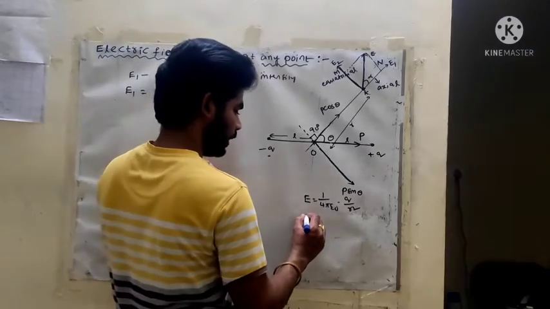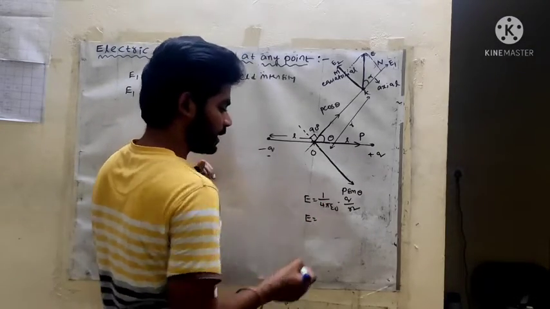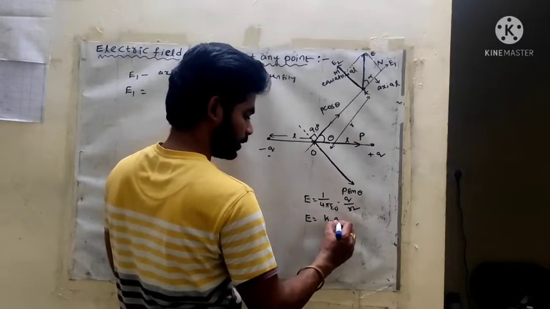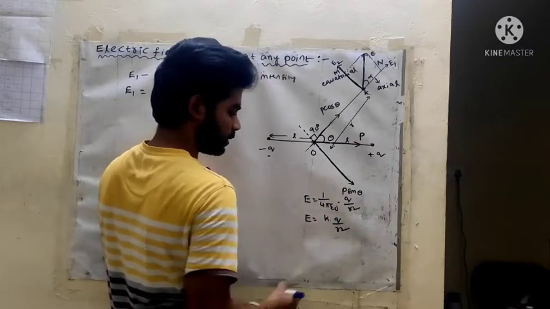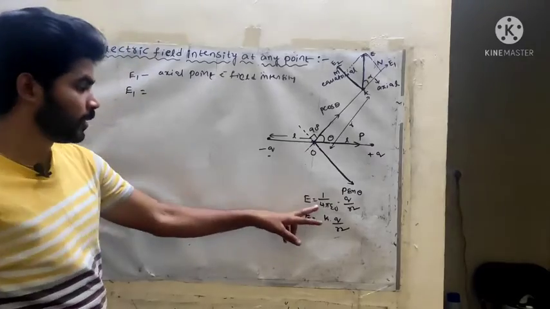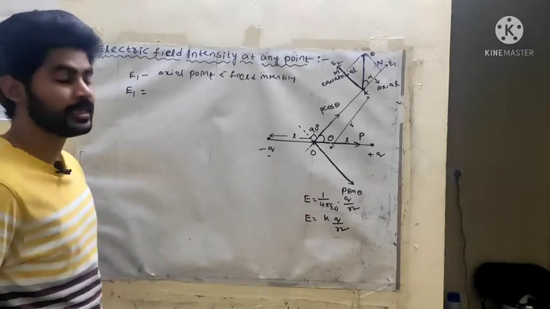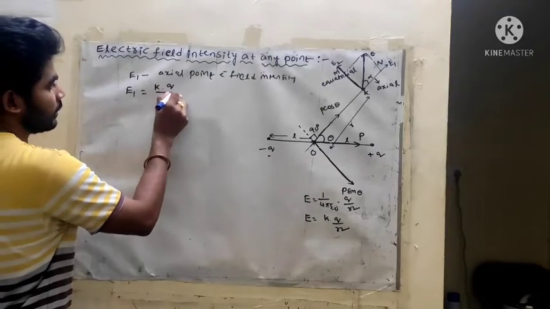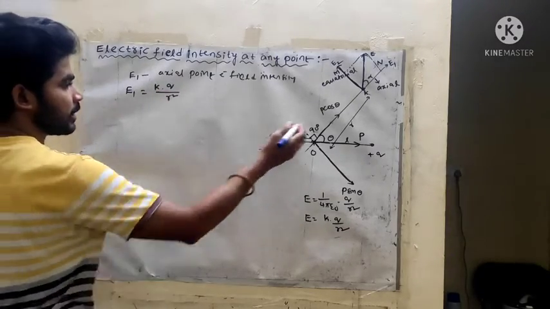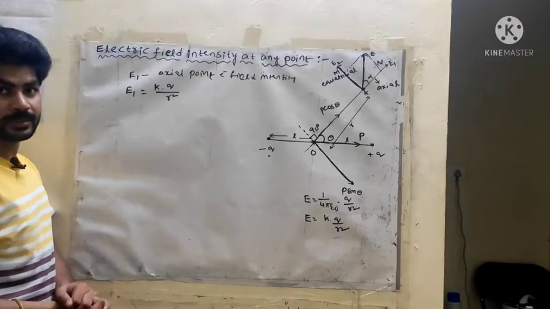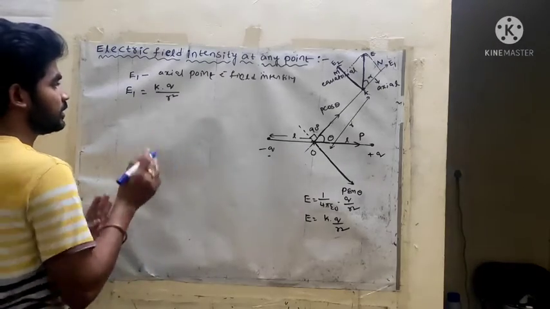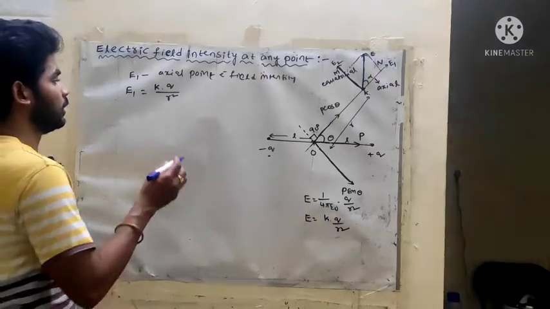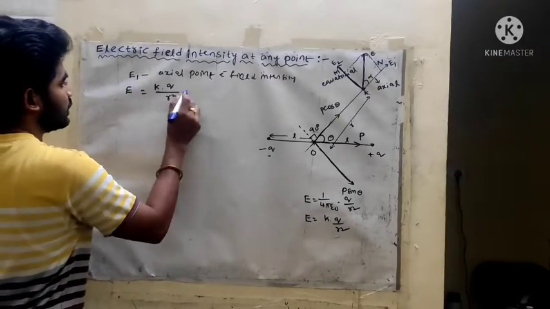One more formula we can write: k is equal to 1 by 4 pi epsilon naught, so k q by r square. Replacing 1 by 4 pi epsilon naught with k, E1 is equal to k q by r square. This is the general formula. I am not substituting any values.